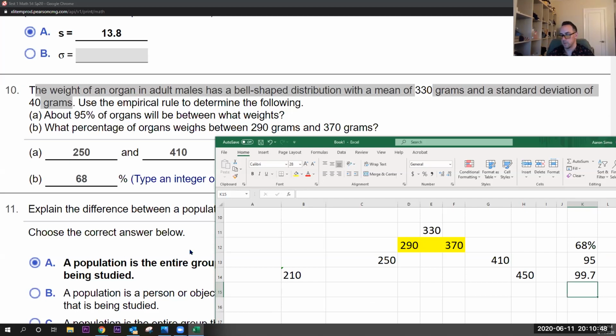So you good with that one? What I did was add and subtract 1 standard deviation, then 2, then 3, and tried to figure out which two numbers matched the numbers they gave me. It turned out to be 290 and 370, which was 1 standard deviation, so that had to be it.